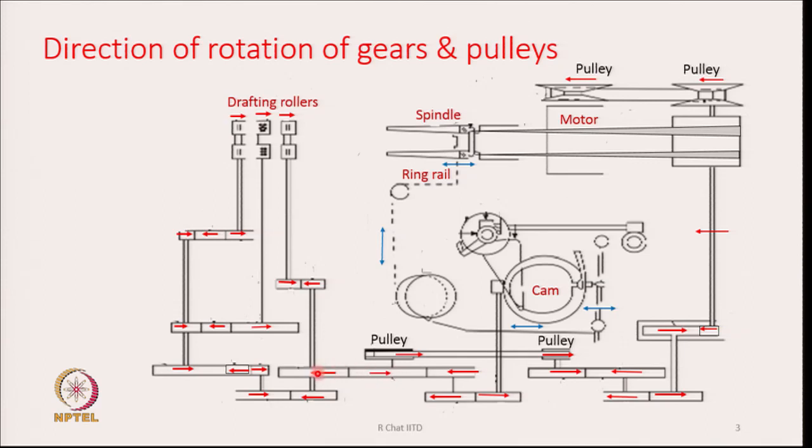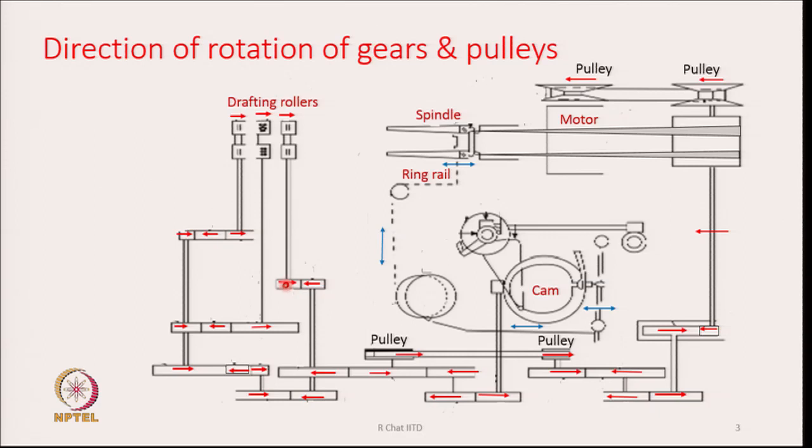Now, this is meshing with this, so the rotational direction changes, and on this shaft you have different gears. There are three different gears or pinions, and the rotational directions of this and this are exactly the same.